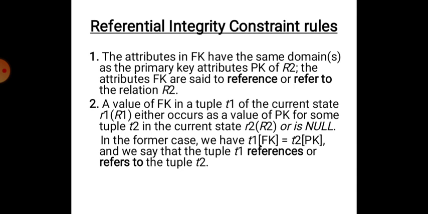Point number 2, a value of FK in a tuple T1 of the current state R1 of R either occurs as a value of PK of some tuple T2 in the current state R2 of R2 or is null.